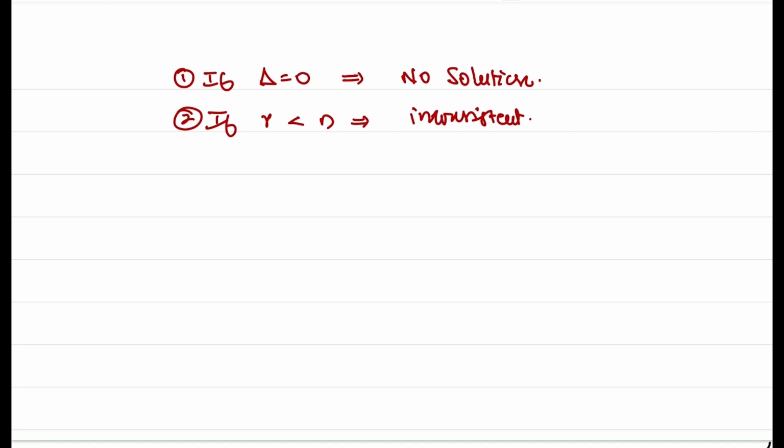Once we know the system is consistent or non-consistent, and also whether it has a unique solution or no solutions, then we will be confident enough to answer the given questions in the examination.